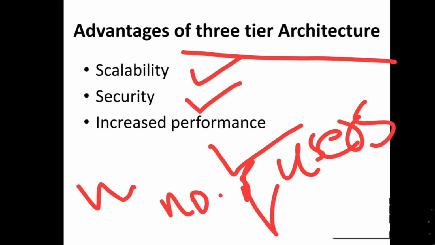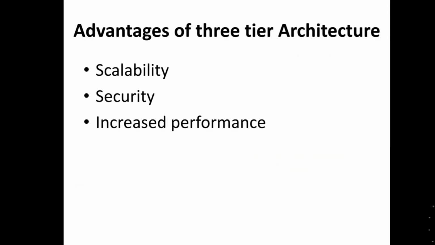Because the application layer, the intermediate layer between the client and the server, will take all the queries and requests from the user and then process them and send them to the server, and the server then sends back the desired data to the client. So this will not create too much load on the server, thereby increasing its performance.